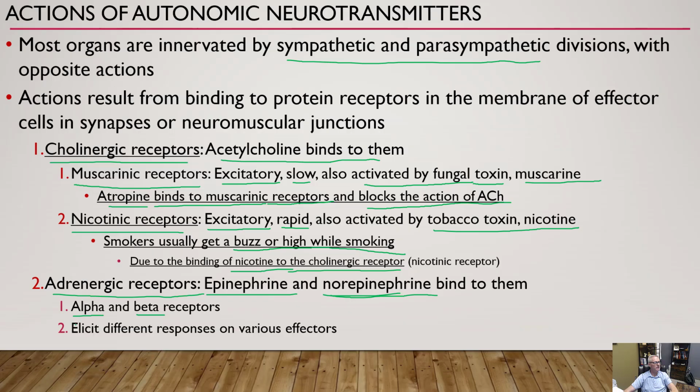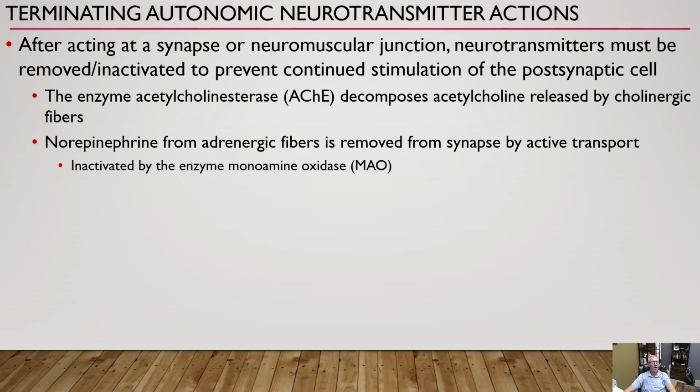And those basically elicit different responses. If you're going to nursing school or med school, you're going to have to become very intimate with the difference between alpha 1, alpha 2, beta 1, beta 2, beta 3. When we get to the lab, I'll show you a slide about the difference between alphas and betas.